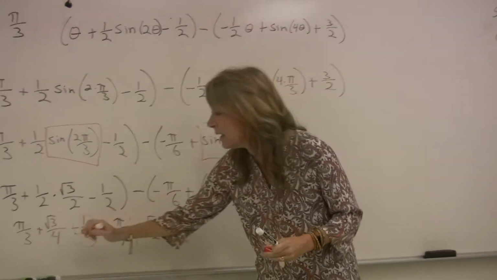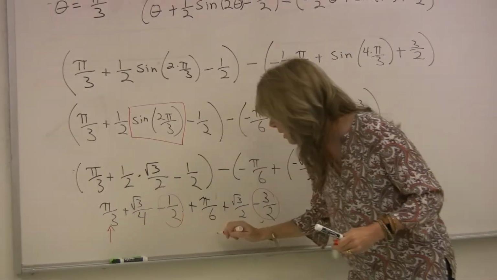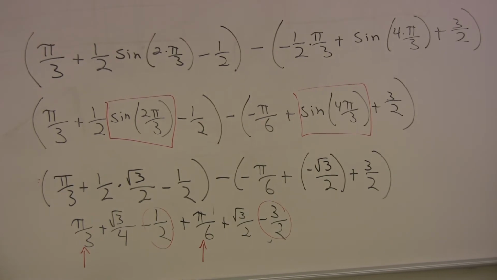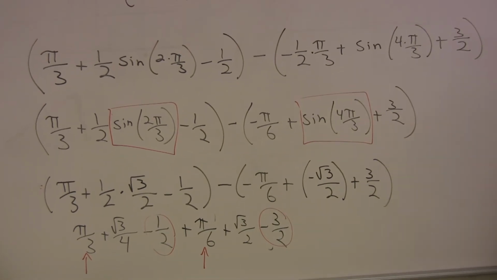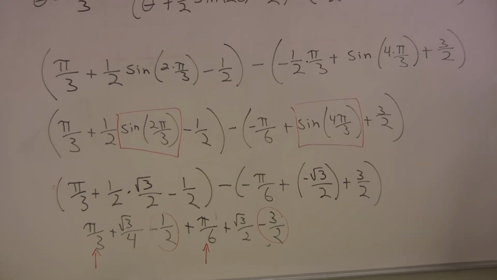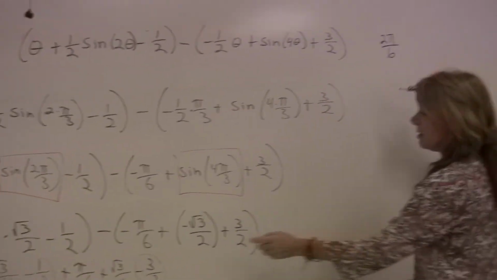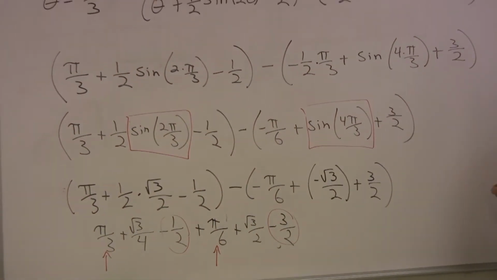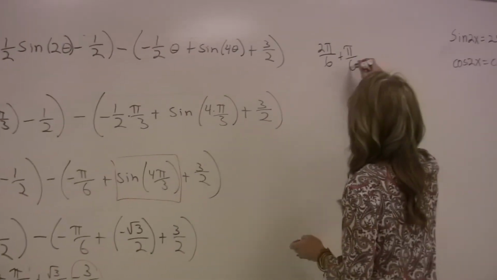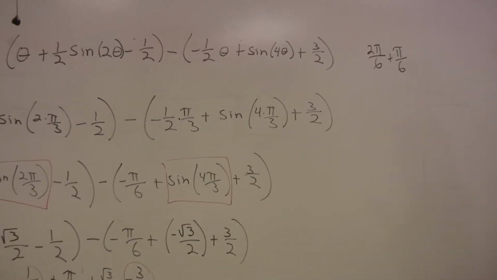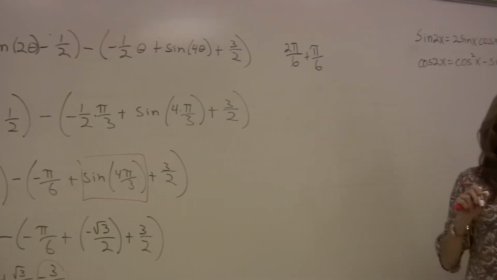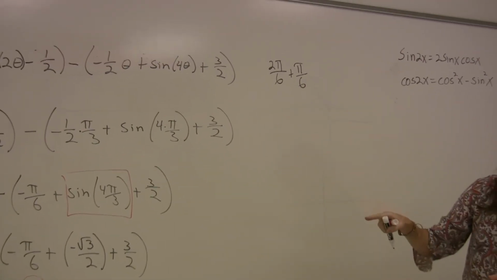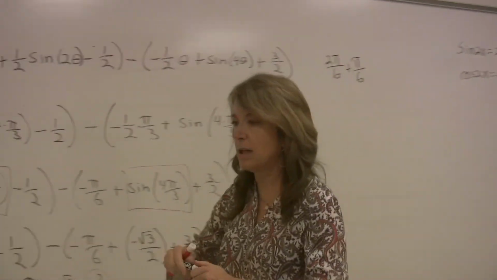So combining these fractions that have π in them, I'm going to do those first. Common denominator is 6. So 2π/6 is what I get here, multiplying top and bottom by 2, plus another π/6. Am I okay with where the 2π/6 came from? Combining the square root of 3 terms, grab another color.